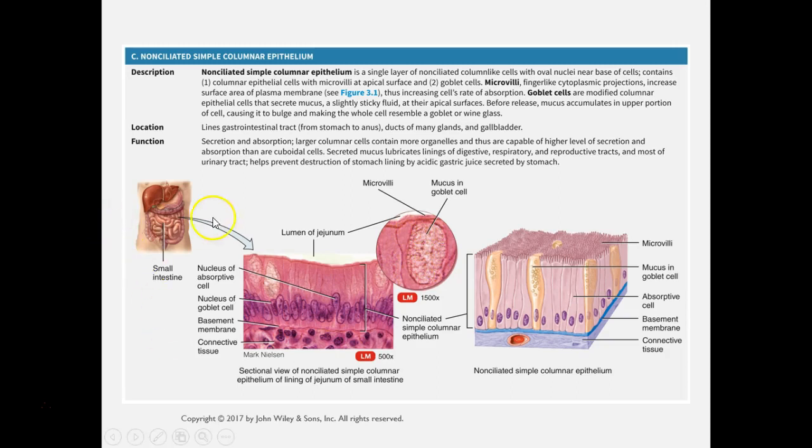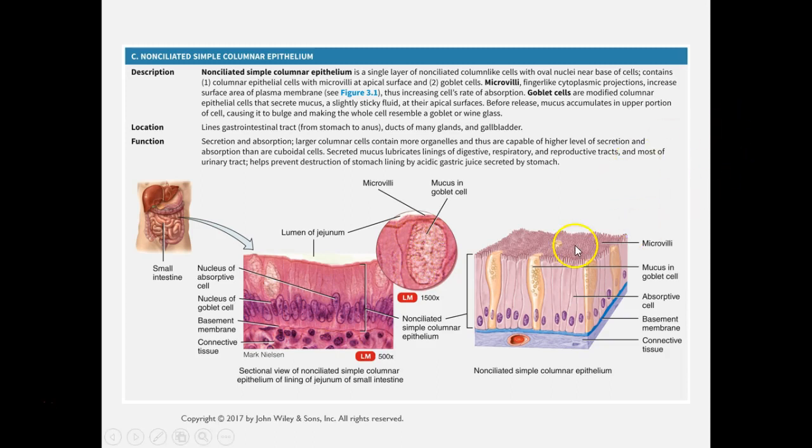So this is non-ciliated. Instead of cilia coming off the top of the cells, you have these little structures known as microvilli. Microvilli are like finger-like cytoplasmic projections, so they increase the surface area of whatever tissues are made up of these types of cells.